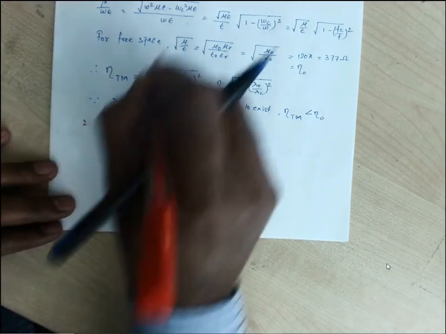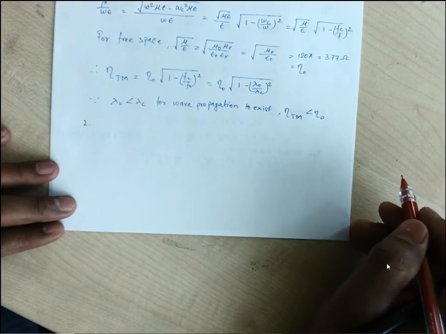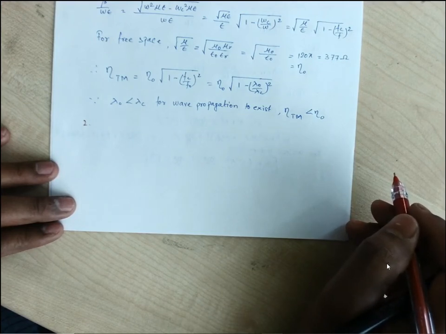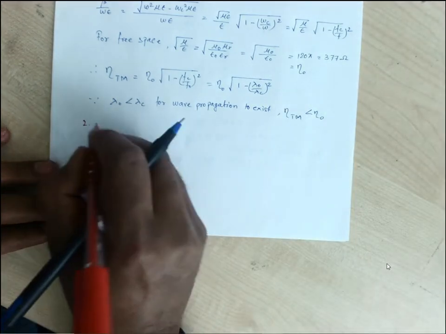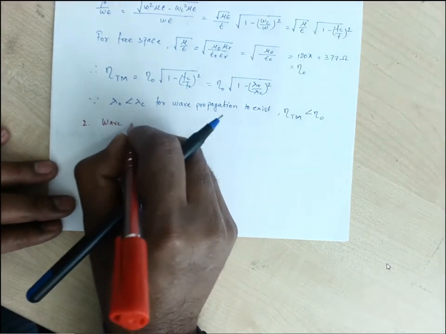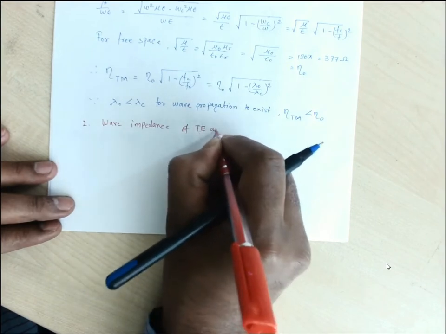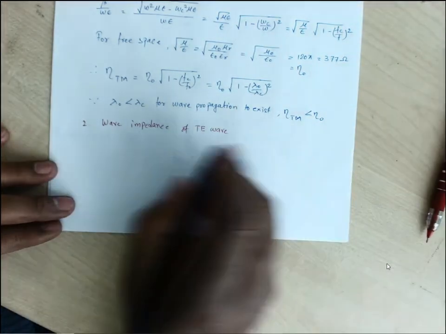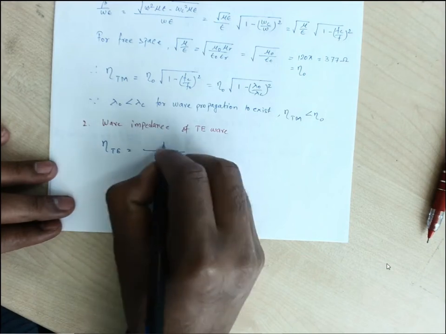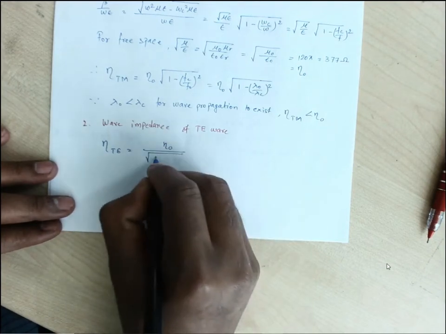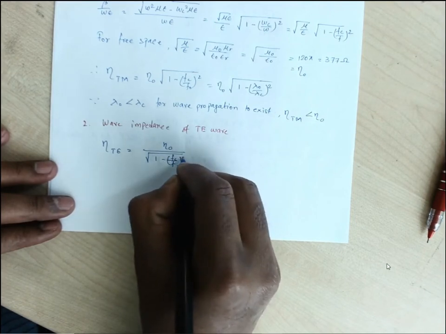In the same way, you need to take out Ex and Ey, find out which components will exist for the TE wave, and depending upon that, what the expression is. So eta TE is equal to eta naught by root over 1 minus (fc by f) whole square.